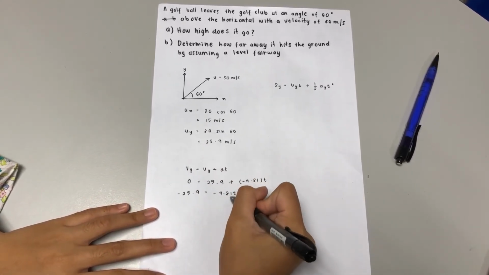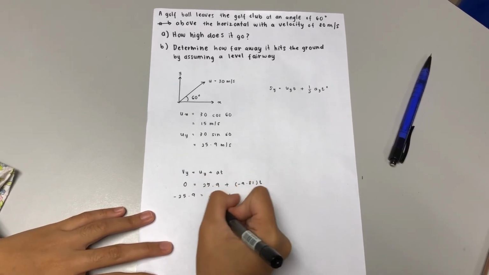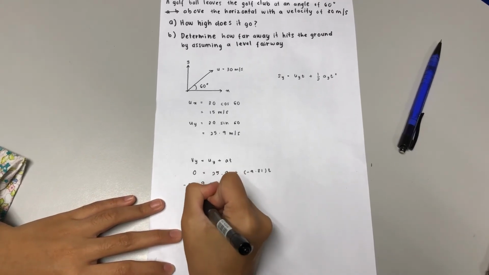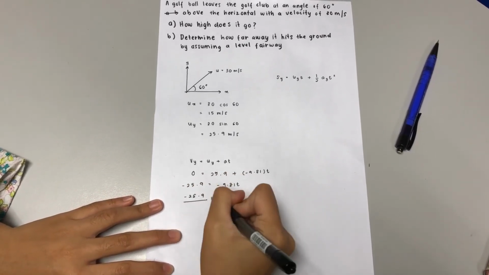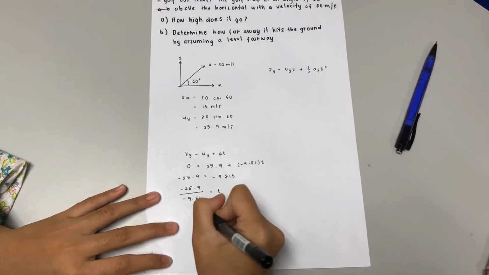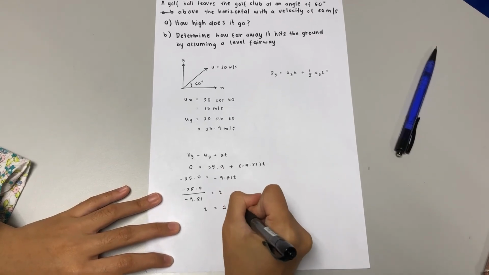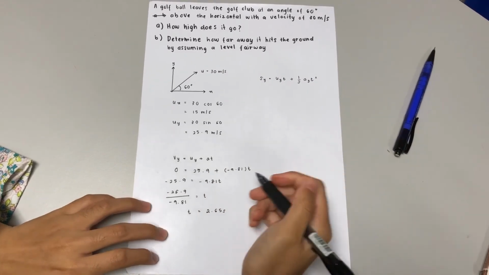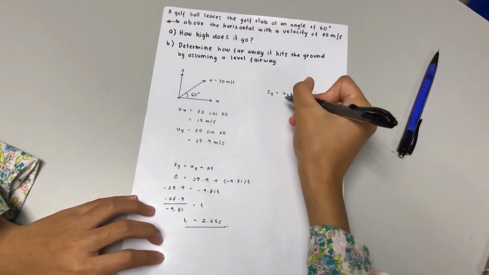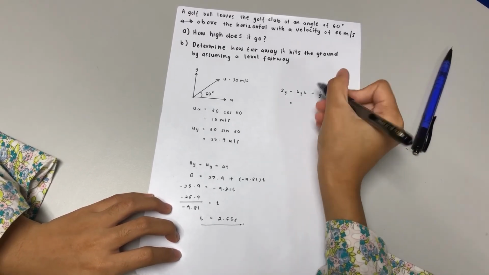Then we divide negative 25.9 by negative 9.81, so we get the value of t, which is 2.65 seconds.